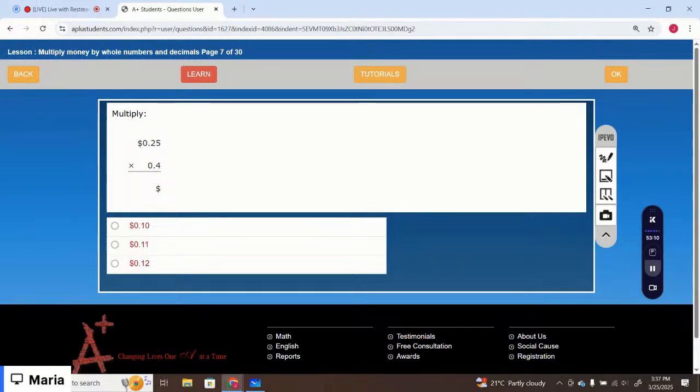Multiply 0.25 times 0.4. Option number 1 is the correct option. 0.10 is the correct option.